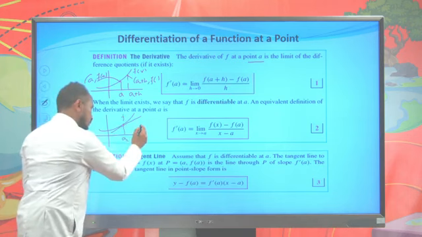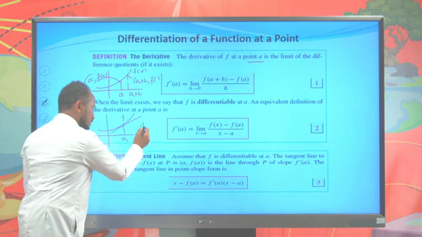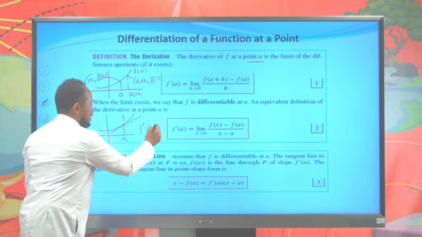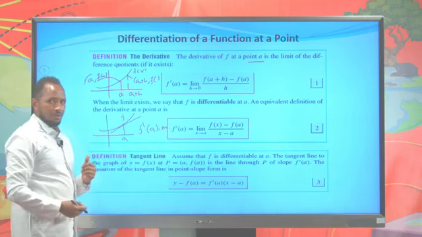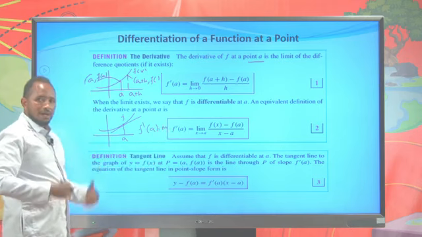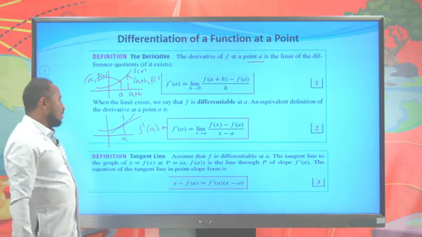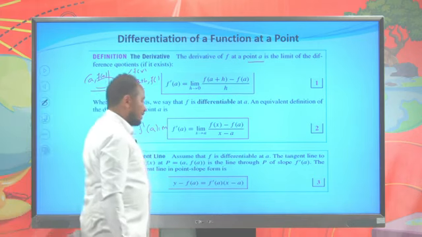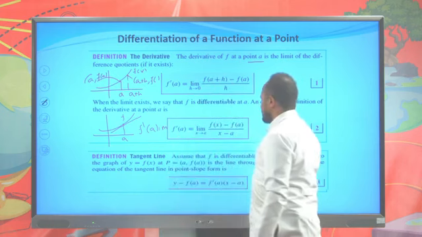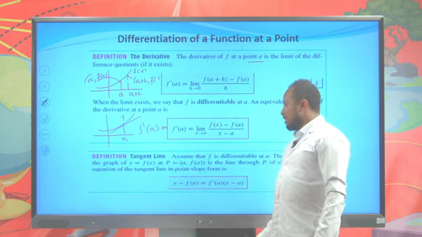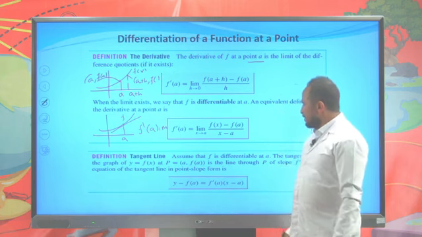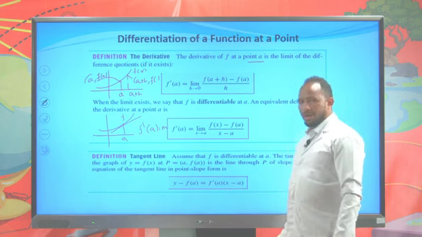So the derivative of the function at point A is equal to the slope of the tangent line at that point. So we can write the equation of the tangent line at that point using this equation: y minus f of a equals f derivative of a times x minus a.